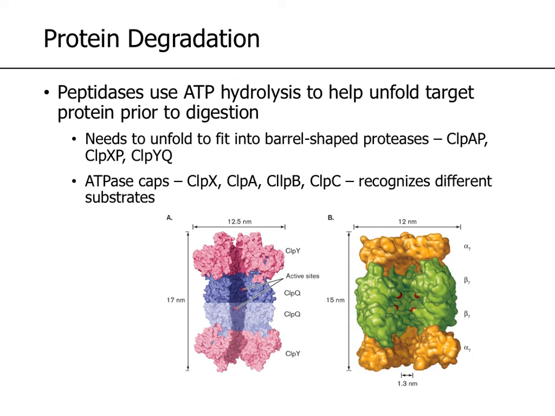Some examples are ClpAP, ClpXP, ClpYQ. These have different caps: the X, the A, or whatever, are different caps. With ClpAP and ClpXP, the P is the same base, but it has a different cap. This one has the A cap and this one has the X cap, and that'll recognize different sequences.